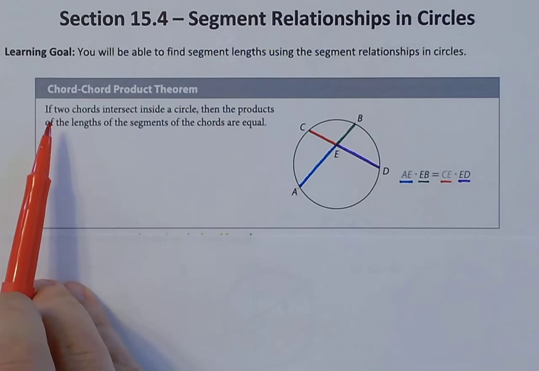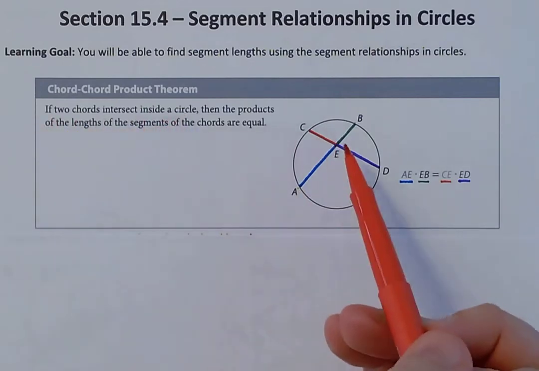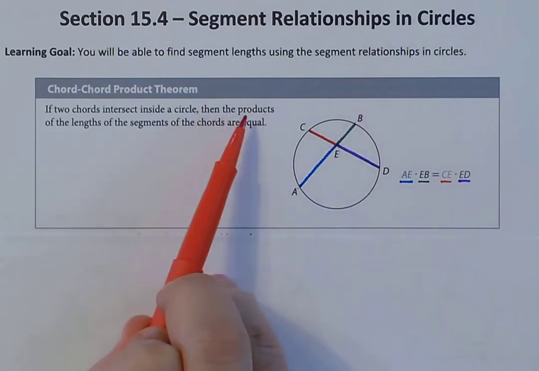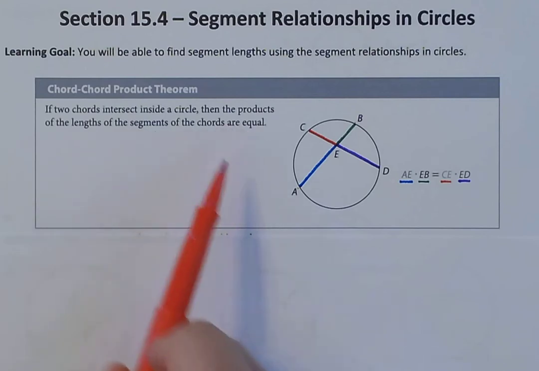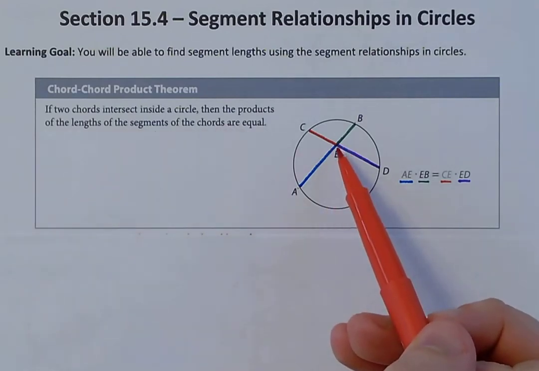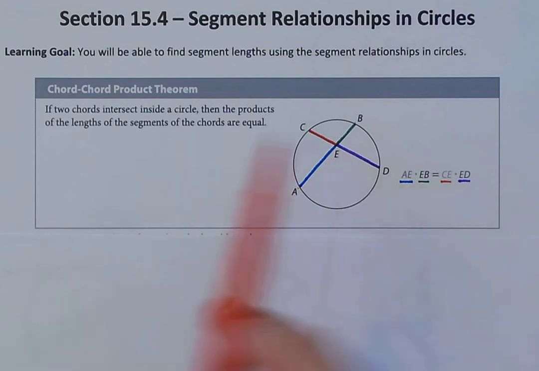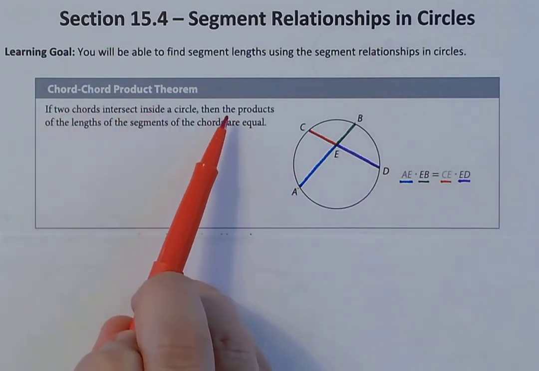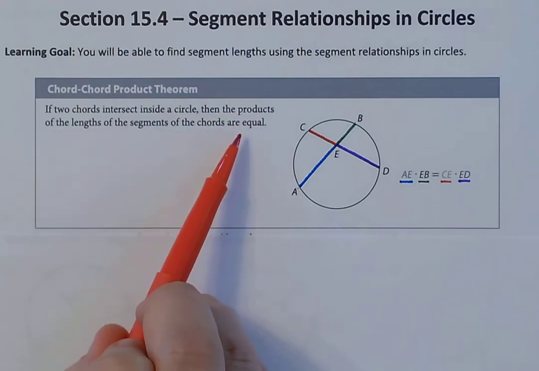The chord product theorem states, if two chords intersect in a circle, so they both intersect at point E, then the product of the lengths of the segments of the chord are equal. So, when these two lines intersect at point E, it breaks the two chords up into four different parts. The chord product theorem states that the products of the lengths of the segments of the chords are equal to each other.